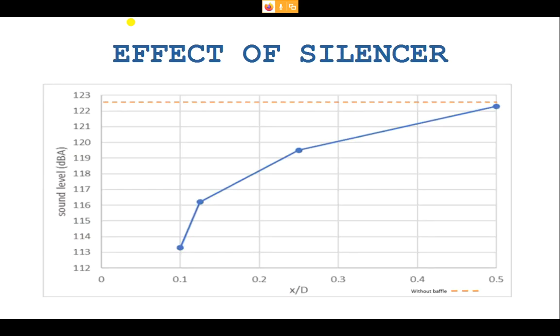The effect of the silencer is shown in this graph. The bottom x-axis shows the size of the pore or aperture on the silencer, non-dimensionalized with the diameter of the shock tube, that is, the flow passing area. On the y-axis you see the sound level in decibels, A-weighted for human audible sound.